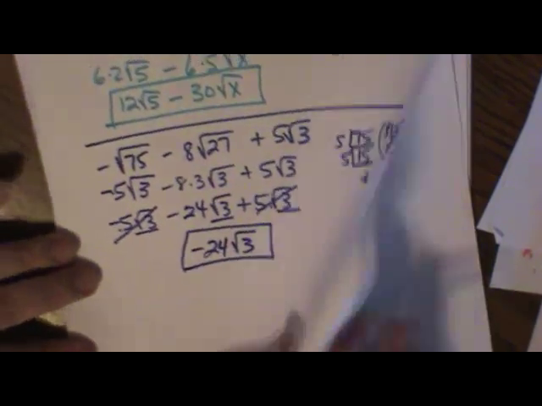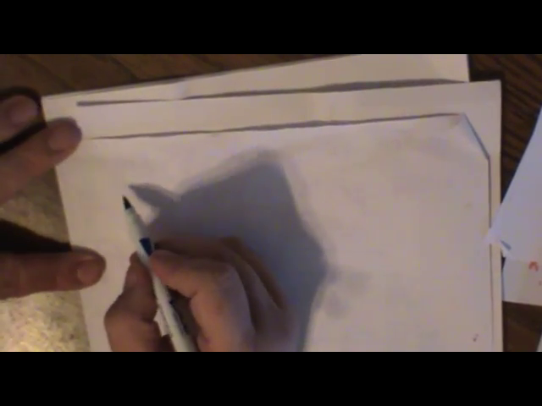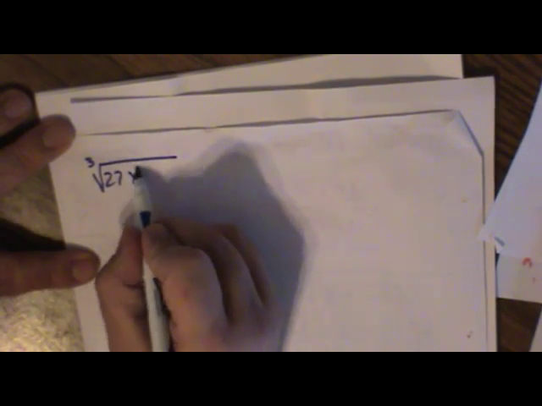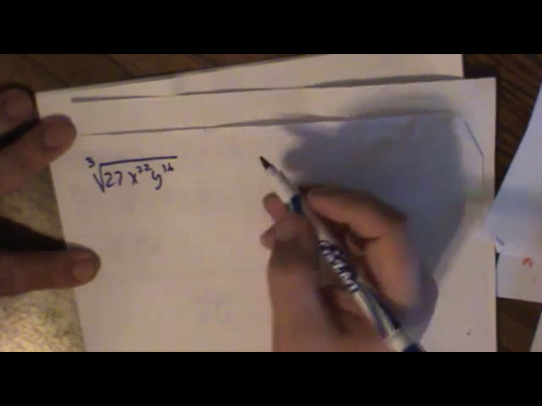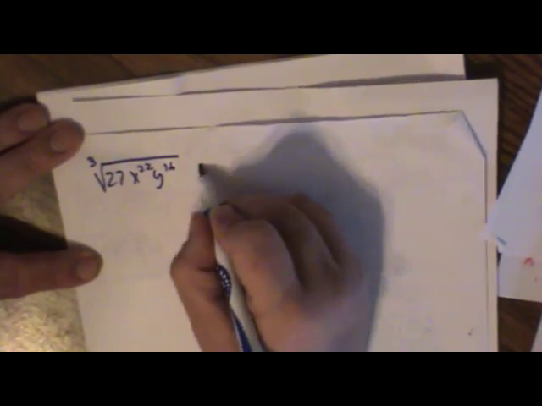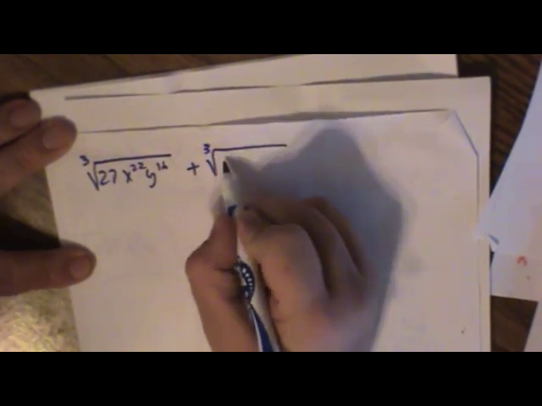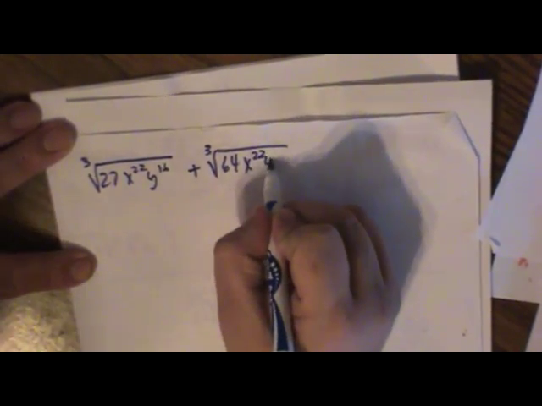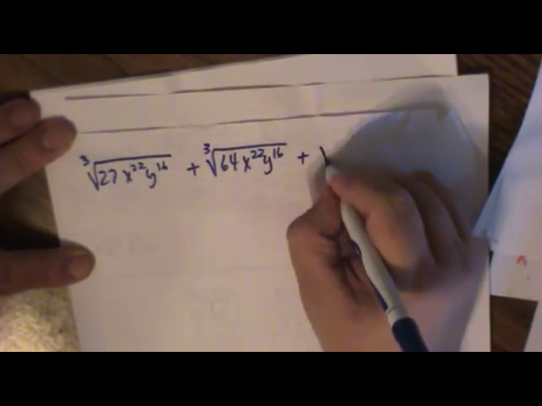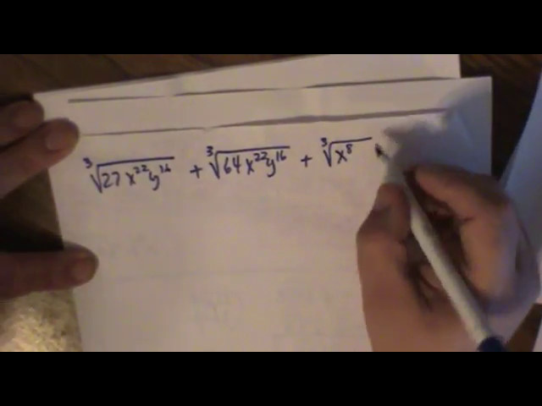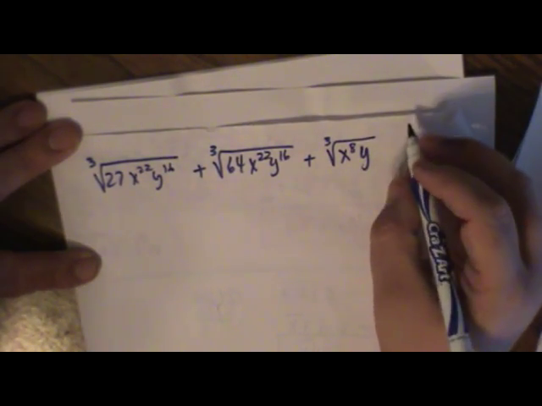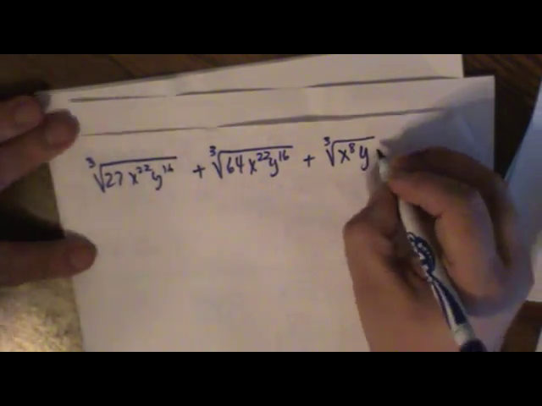Okay, let's do one more. And this one is we've got the cube root of 27x^22y^16, and we have the cube root of 64x^22y^16 plus, we want the cube root of this one as well, x^8y^14.